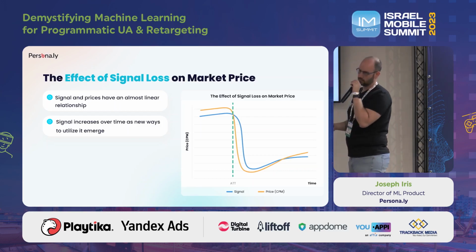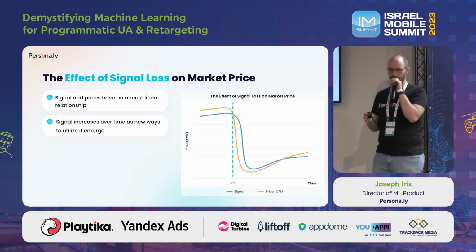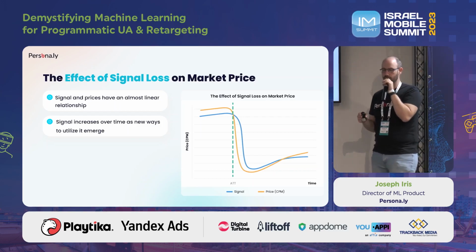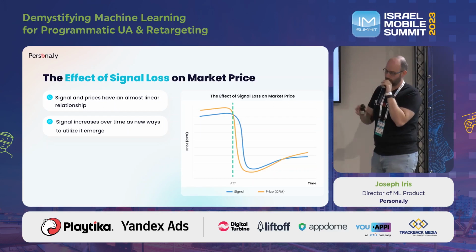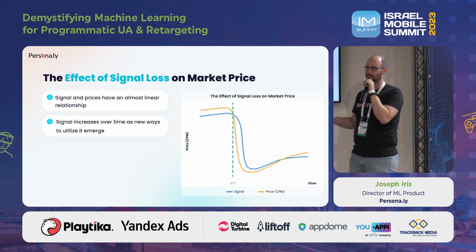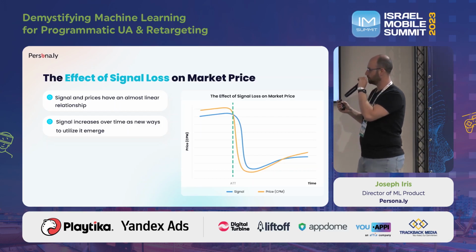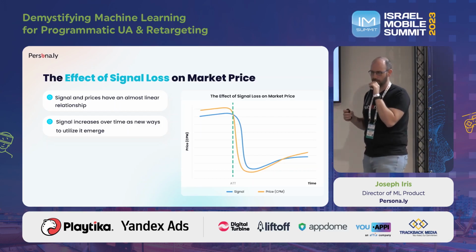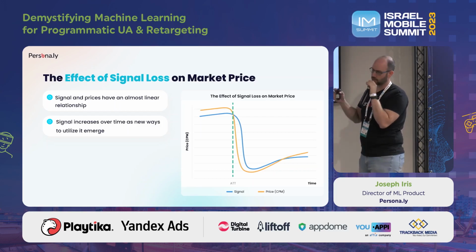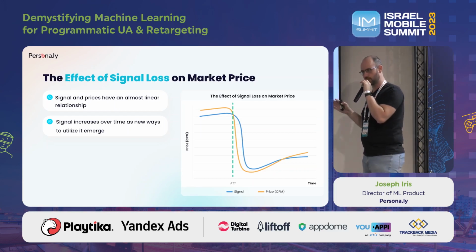The reality is that as soon as ATT hit, we saw a huge decrease in prices. Basically, all the budgets went to Android because people were panicking, which makes sense. And the signal obviously decreased as well. We had probabilistic attribution, we all know what that means, and we were still able to work with it.